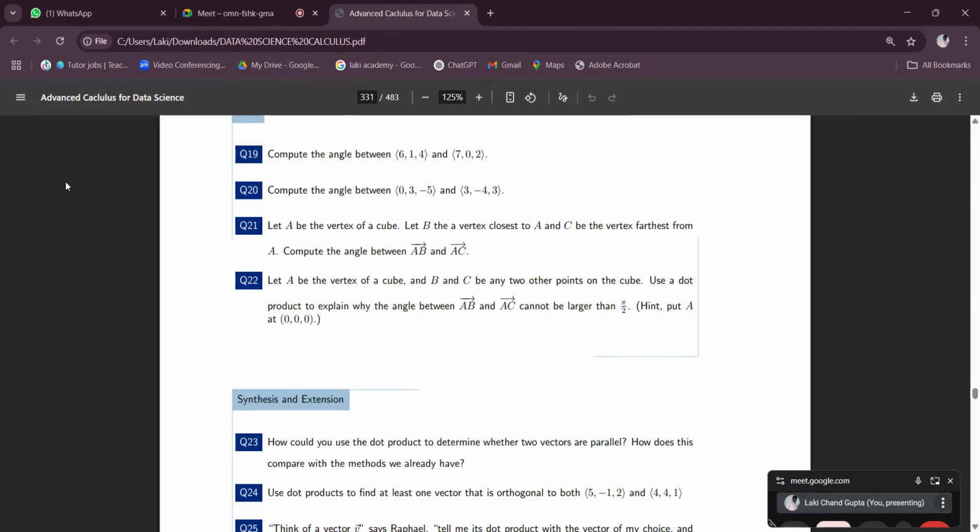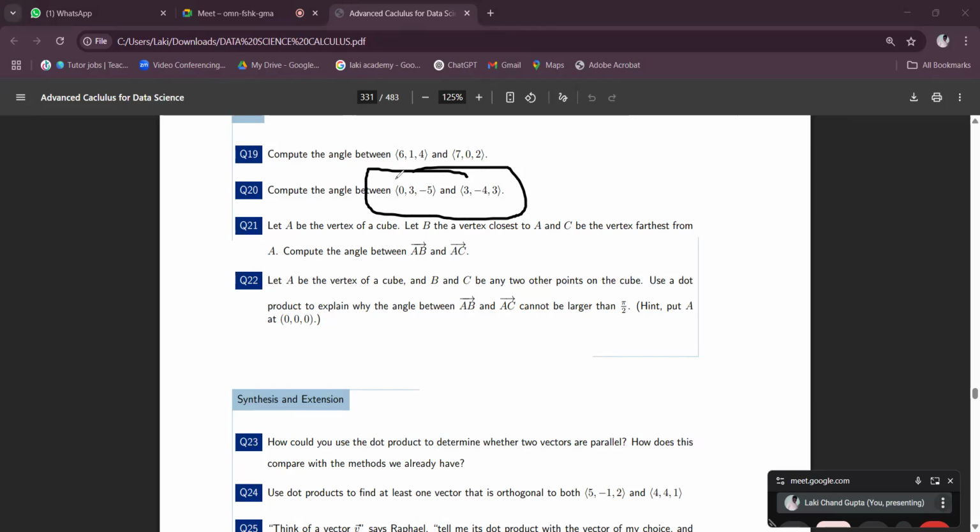Now can you tell the angle between these two? We need to find the cosine first. Cosine is u multiplied by v over the modulus of u multiplied by the modulus of v. Once we find it, we take the inverse of that cosine.